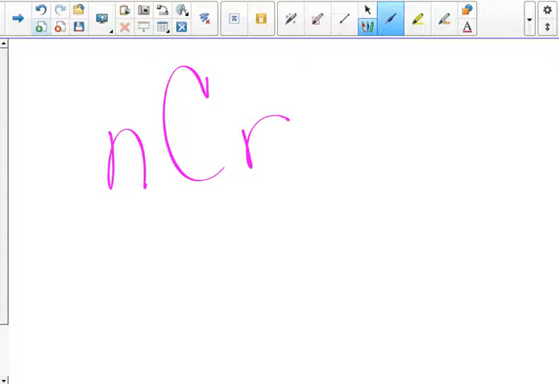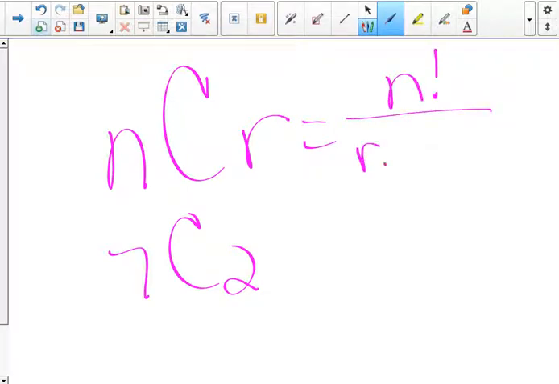So that was on the back page of our assignment, and at first we just had like 6 problems evaluating. So they gave us like a 7C2, right? So we know that that's going to be equal to n factorial over r factorial times n minus r factorial.